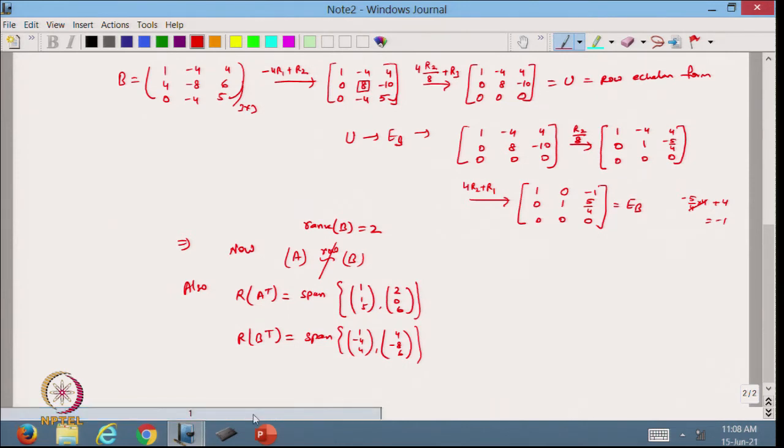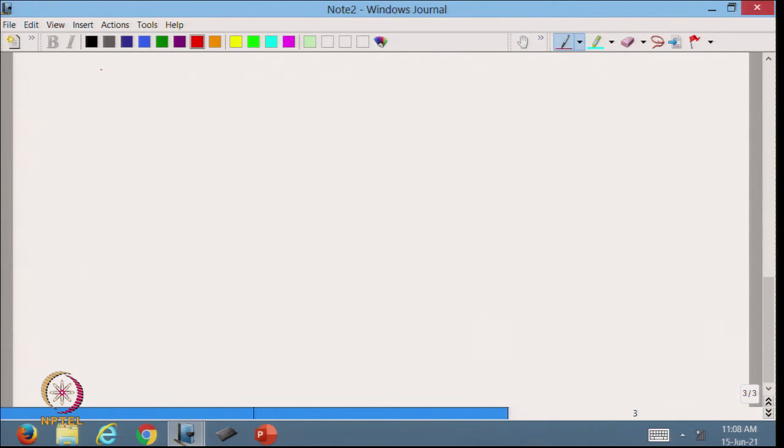Now we will take one more example: testing a spanning set. So, I have a set A, that is (1, 2, 2, 3), (2, 4, 1, 3), and (3, 6, 1, 4).